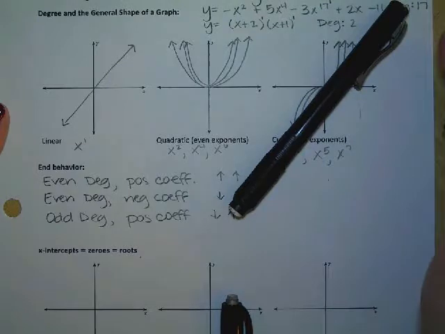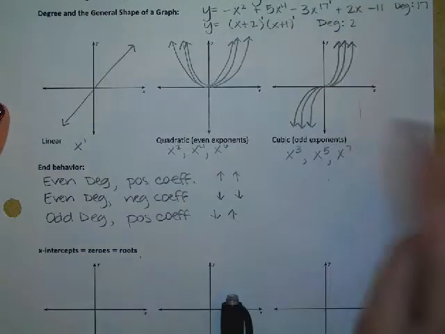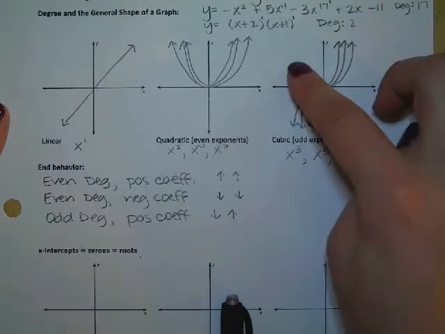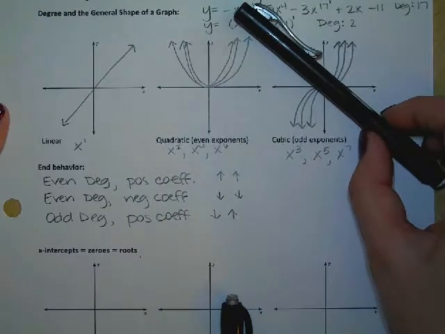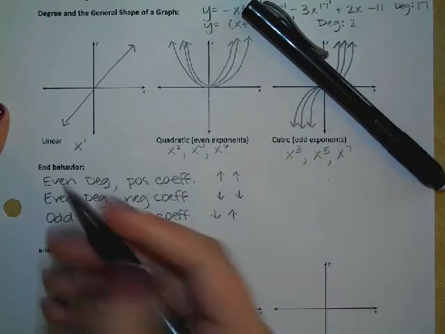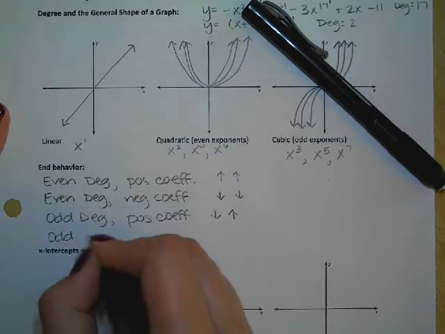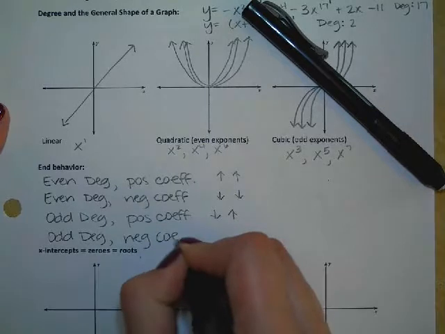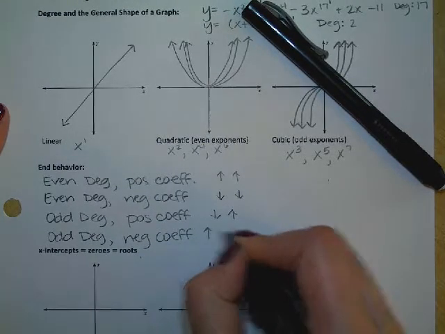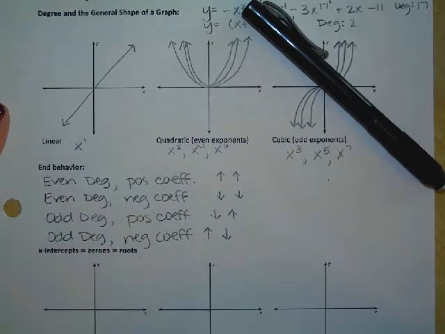And so that's reasonable, right? If you were to put a negative in the front, this part would go up here and this part would go down here, and that would give us a negative slant. Does that make sense if we flip it? And so an odd degree with a negative coefficient would go up first and then down because that's how it gets that negative slant.